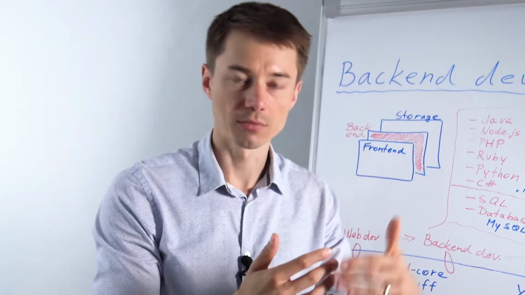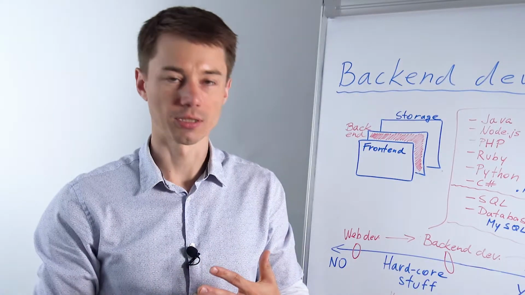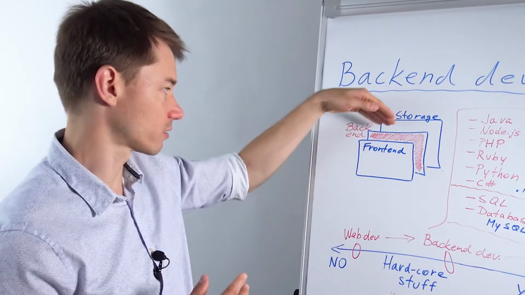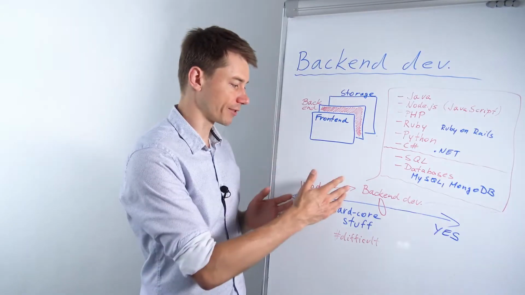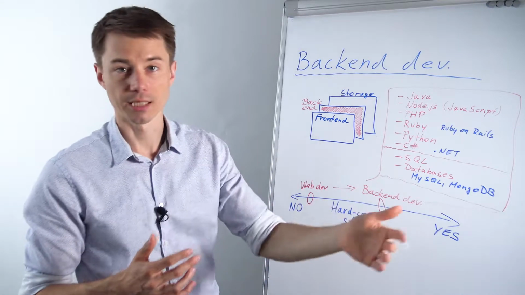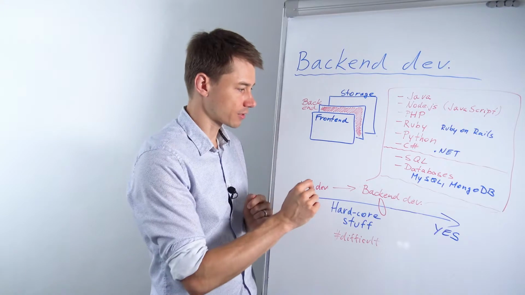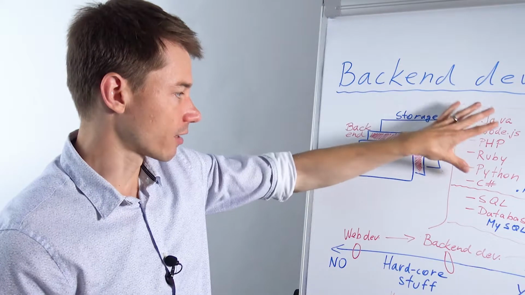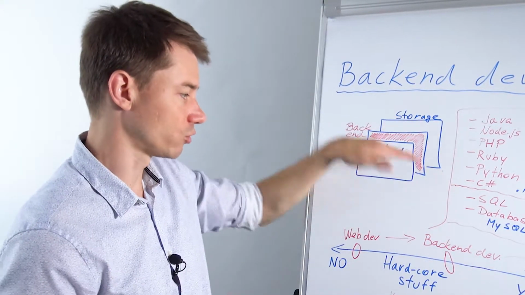However, a backend system still uses some storage, so it's often blended together. Not always. That's why I haven't highlighted the second part, because sometimes backend developers only create APIs and someone else takes care of the database. They still may need to query data from the database. But that's just a few examples I'm sharing with you. So these are the languages, SQL and the database technologies they need to know.